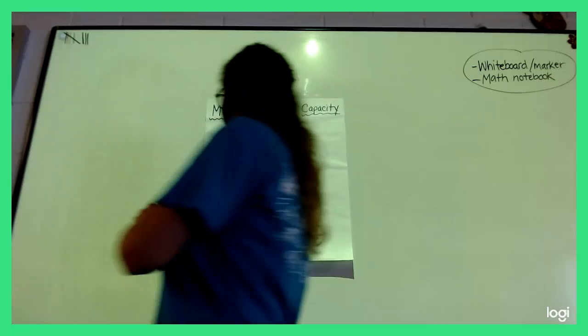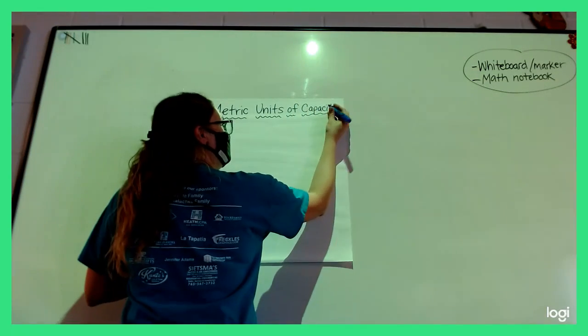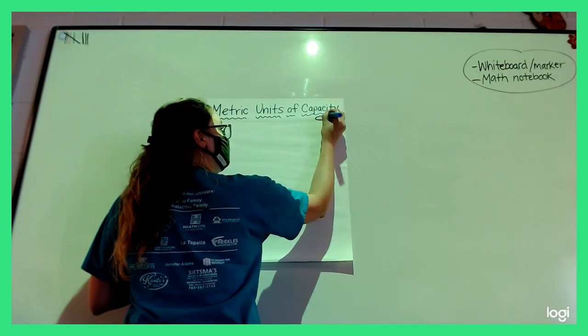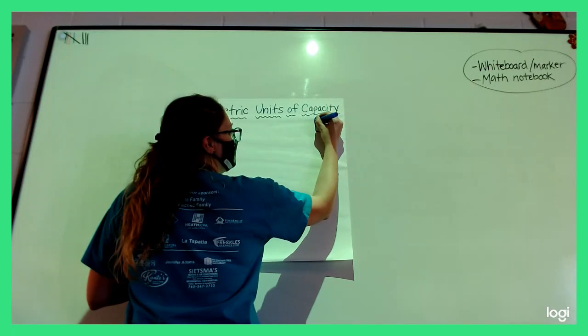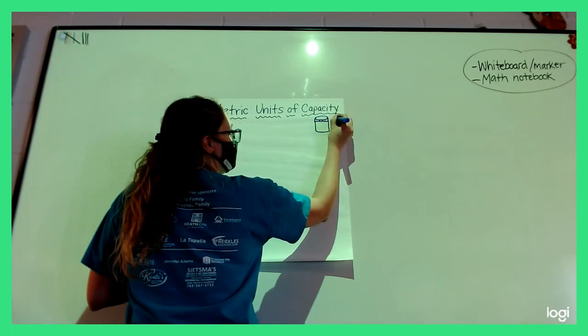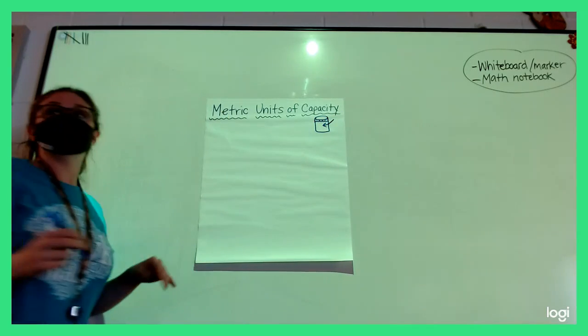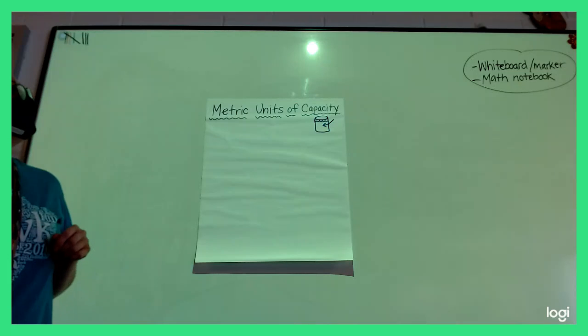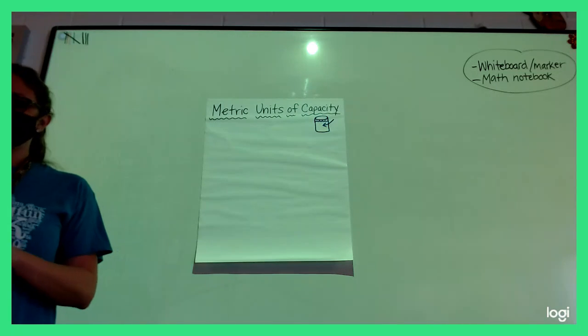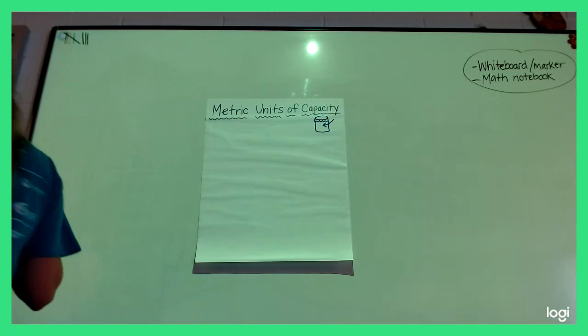So first thing you need to know is capacity. I'm going to make a little container of some sort to show some way that it's how much liquid can fill a space. Might help you remember. Okay, now we have two facts we need to learn.